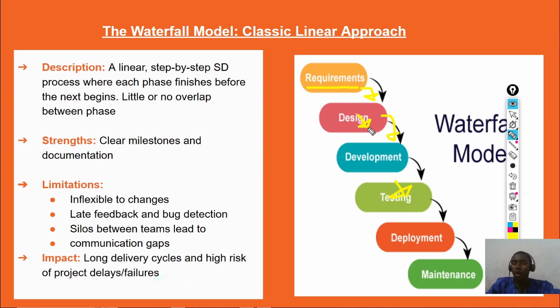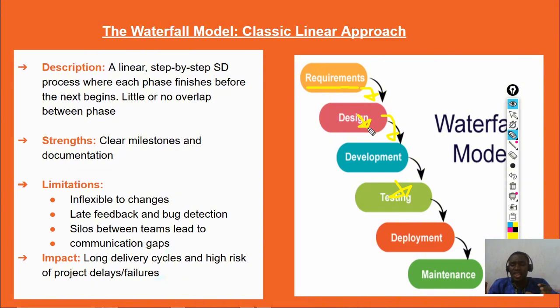You cannot go back to the design phase to correct the problem, then develop and then test again. You will not be able to do that. You lack that flexibility in this model, and that is one of the major limitations of the waterfall model. Once a stage has been finished, it is difficult to go back to that stage, and even impossible at times.